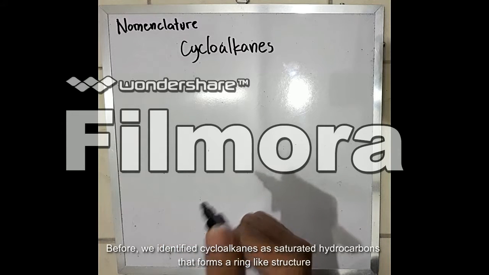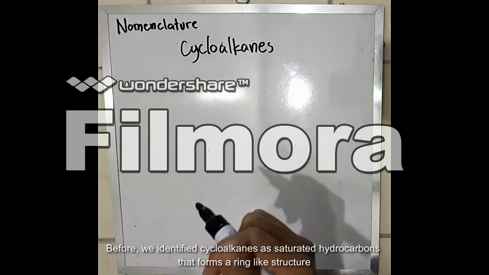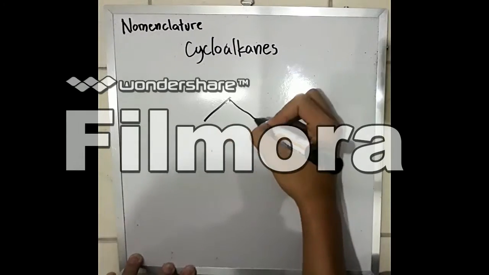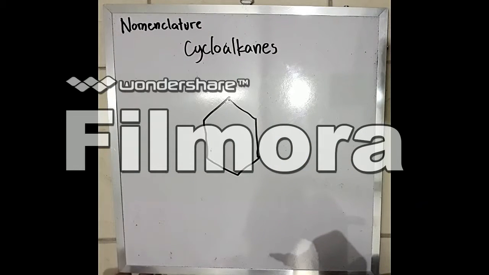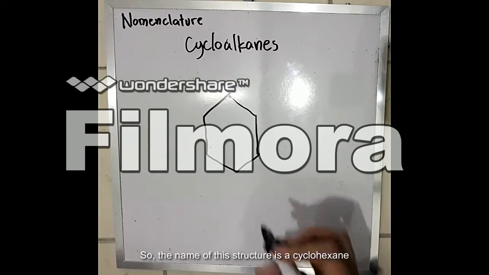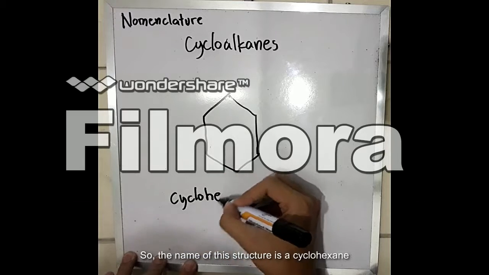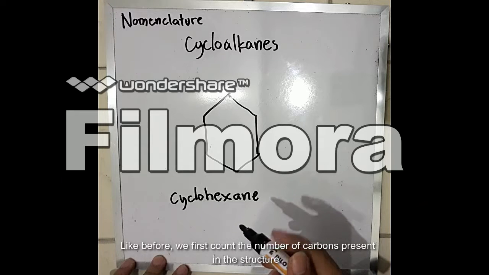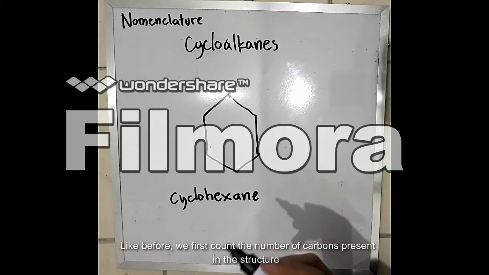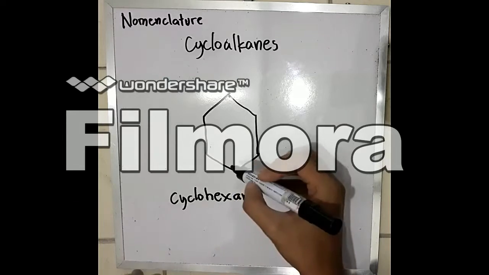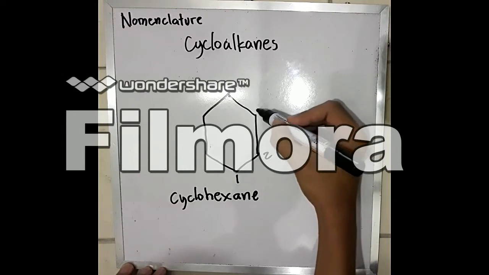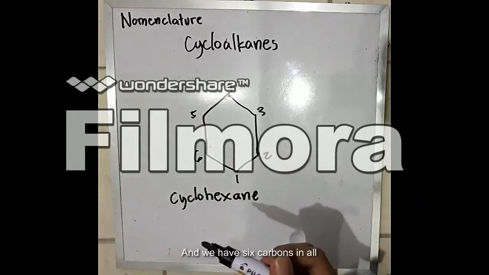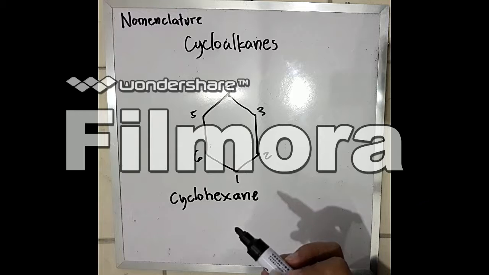Before, we identified cycloalkanes as saturated hydrocarbons that form a ring-like structure. So the name of the structure is cyclohexane. So how did I name it? Like before, we first count the number of carbons present in the structure. So we have 1, 2, 3, 4, 5, 6. We have 6 carbons in all.